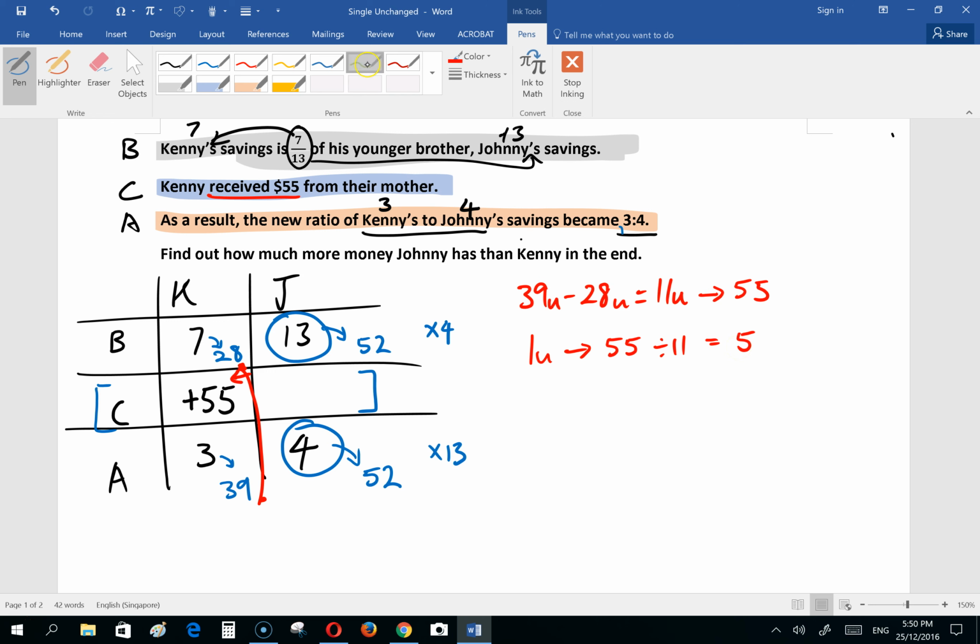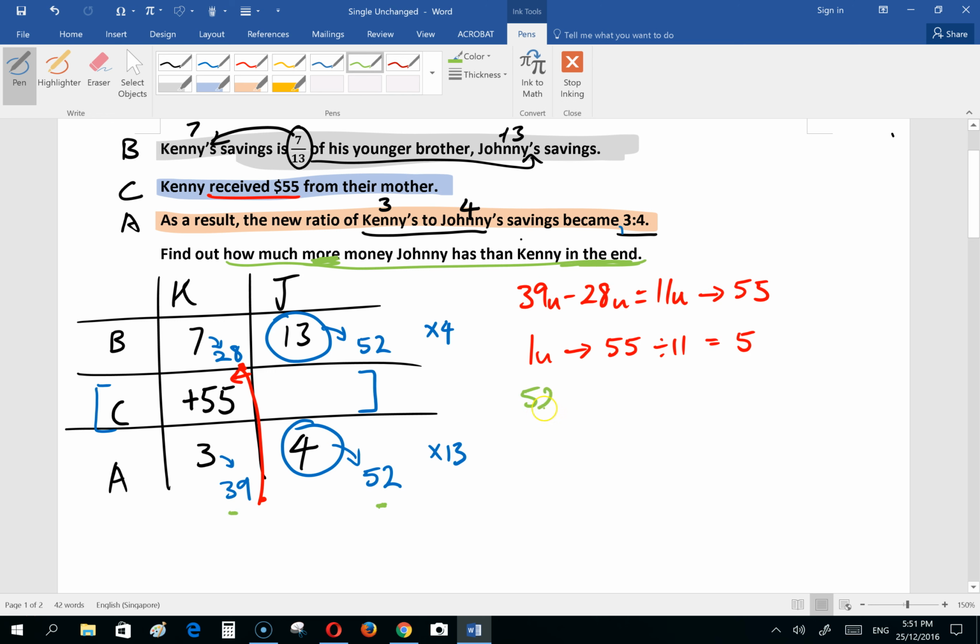Now that we know the value of 1 unit, we can identify the objective. Find out how much more money Johnny has than Kenny in the end, which means that we need to compare the differences in their after row. Johnny has 52 units, Kenny has 39 units.